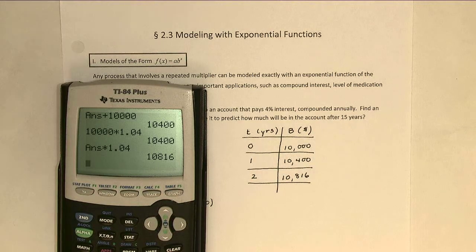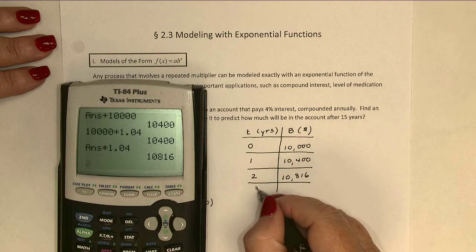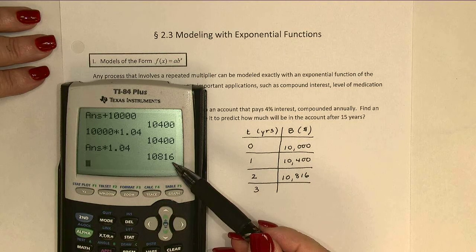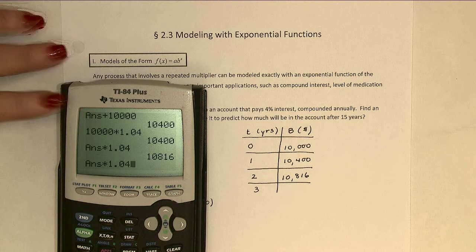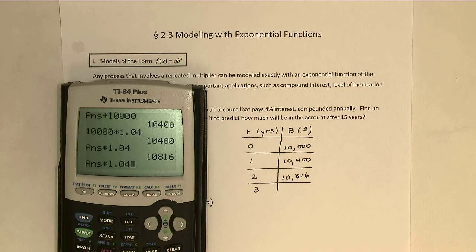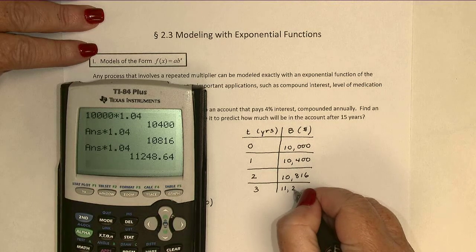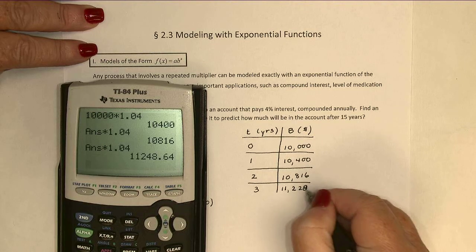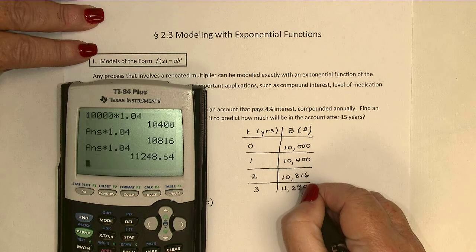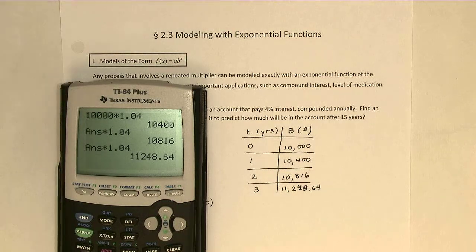At the end of the 3rd year, I earn my interest on that balance. So again, I keep 100% plus I gain an extra 4%, multiplying by 1.04. I have a little over $11,248.64. And of course, we could keep going if we want to.